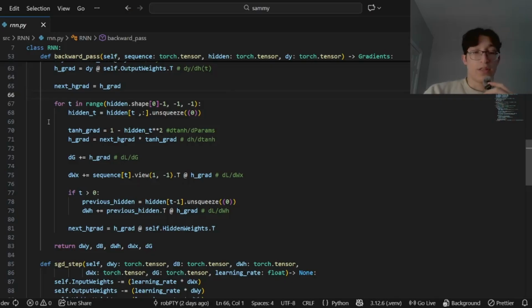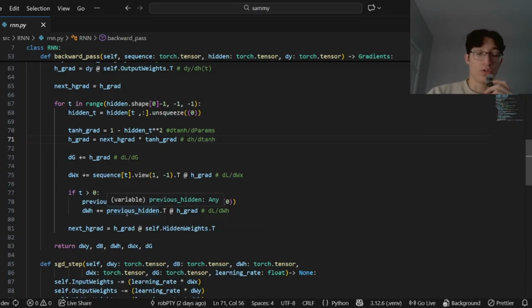Then we're going to calculate the derivative of hyperbolic tangent, which, as I mentioned earlier, was 1 minus tanh squared. That's what we have here. And then we're also going to multiply this hyperbolic tangent gradient by the next h grad, which is just the hidden gradient from the time step ahead of us. That will give us the partial derivative of h with respect to the partial derivative of tanh.